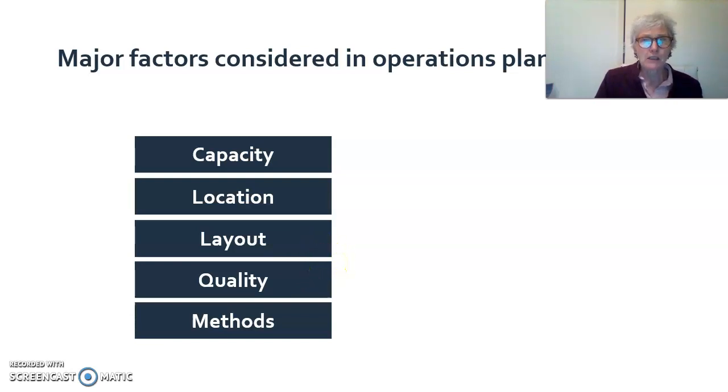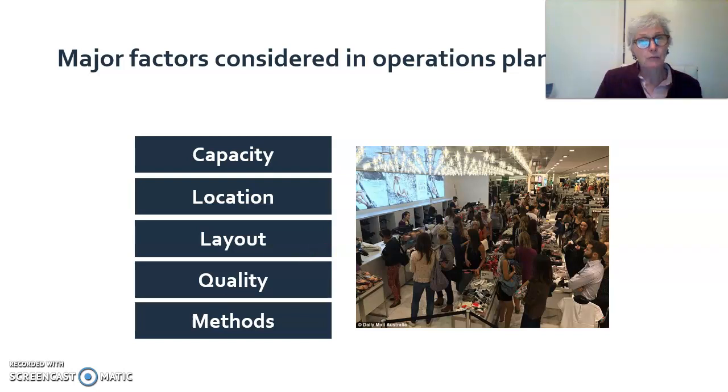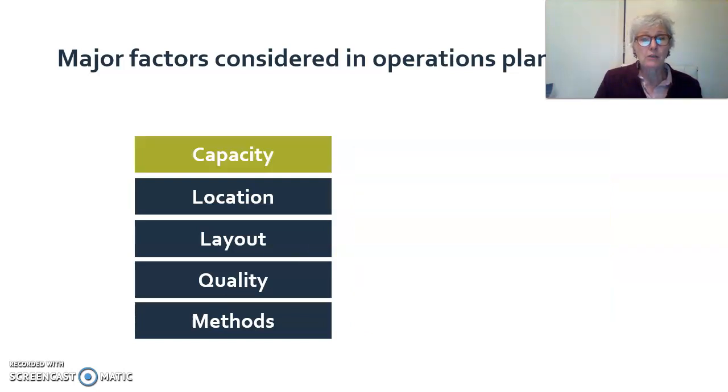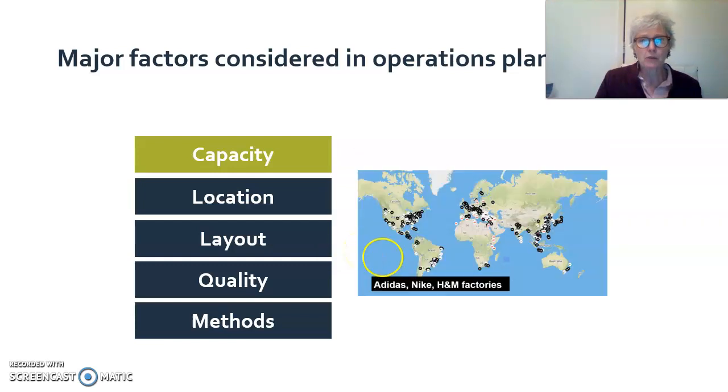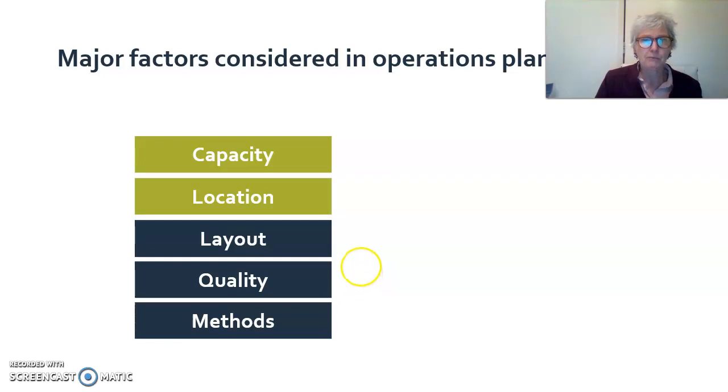First of all, capacity. Capacity can be too low or can be too high. Next to capacity, location is important. Where do you want your organization to be located? Close to the customer, or maybe somewhere where it's cheap and you don't necessarily need to be close to the customer.